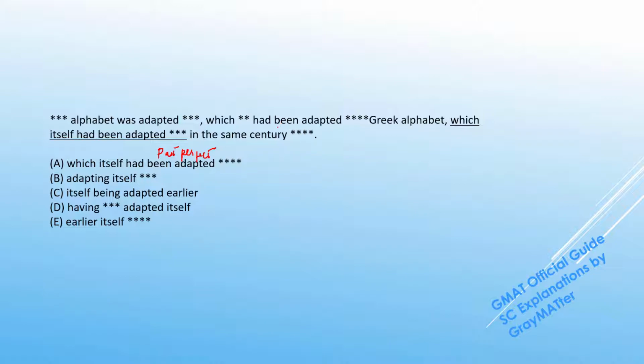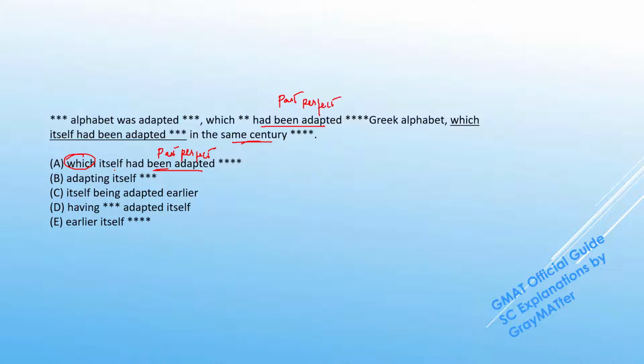So we can see here that before this underlined portion, we have had been adapted, which is in the past perfect. The rest of the sentence is saying that the Greek alphabet itself had been adapted in the same century. So if they're using the past perfect in this timeline, so in the same century, it would make sense to use the past perfect itself. And this which pronoun is obviously referring to the Greek alphabet.